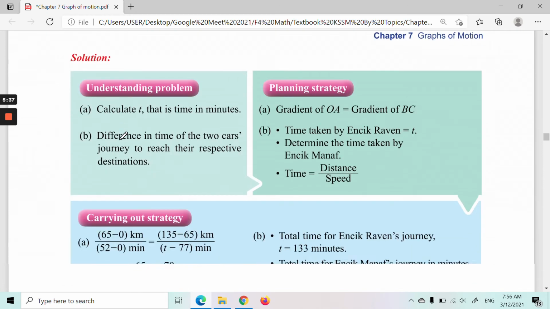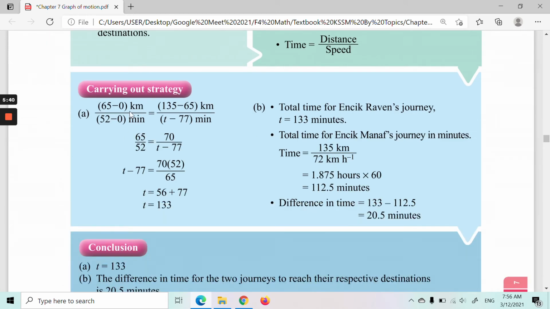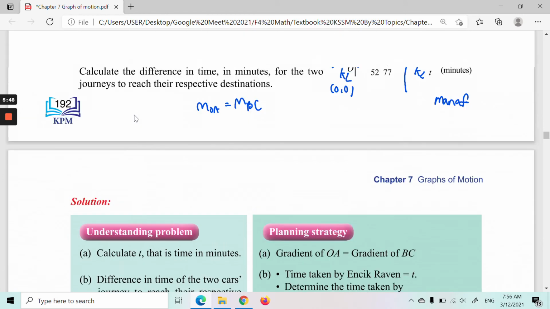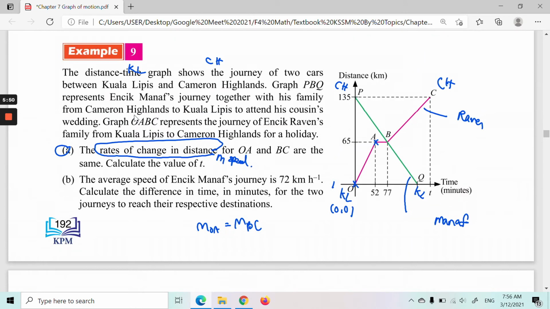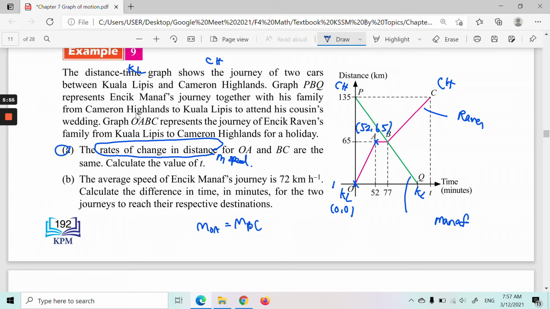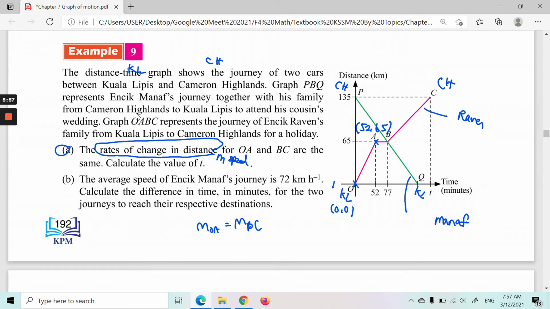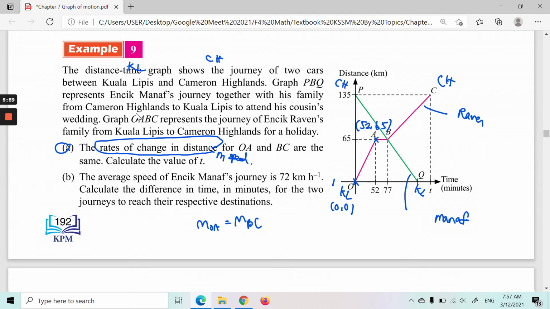So you can calculate it using a formula like this. The formula is y2 minus y1 divided by x2 minus x1. So gradient for OA, another point is 52, 65. So 65 minus 0 divided by 52 minus 0.